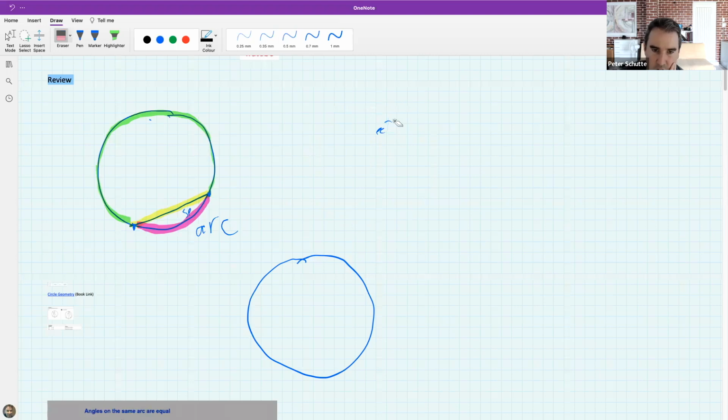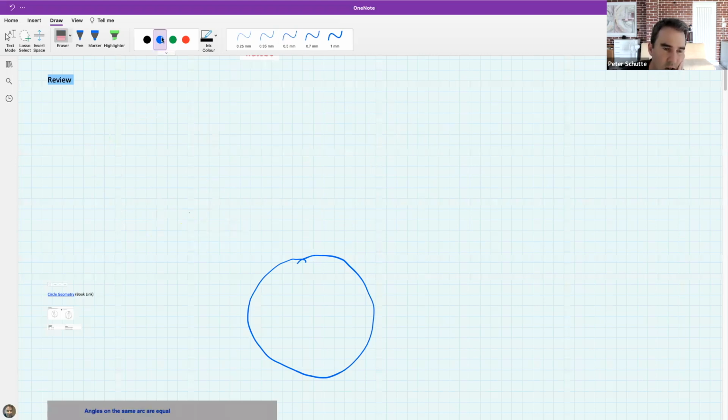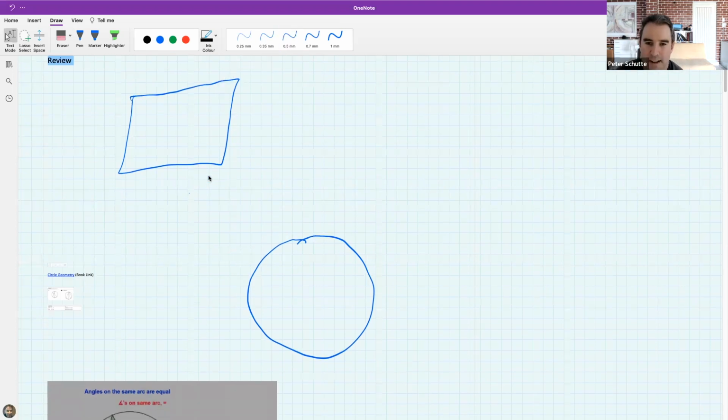So if we think of a quadrilateral that you learned about in grade 10, there's many different types of quadrilaterals, but the most basic idea is that they have four sides. So when we talk about a cyclic quad, it's a quadrilateral with four sides, but what does the cyclic thing mean? The cyclic thing just means that the vertices of the quadrilateral are on the circumference of a circle.